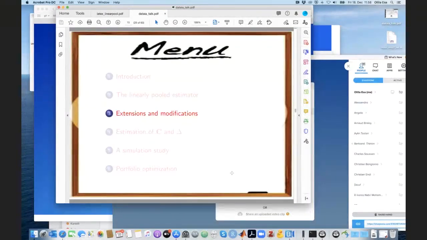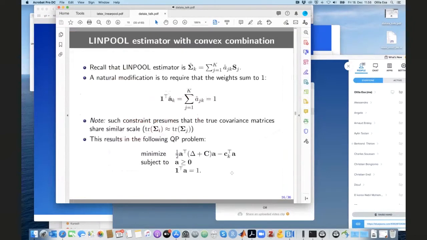So then we also look at some extensions and modifications of this method. So, well, the first modification is the following.